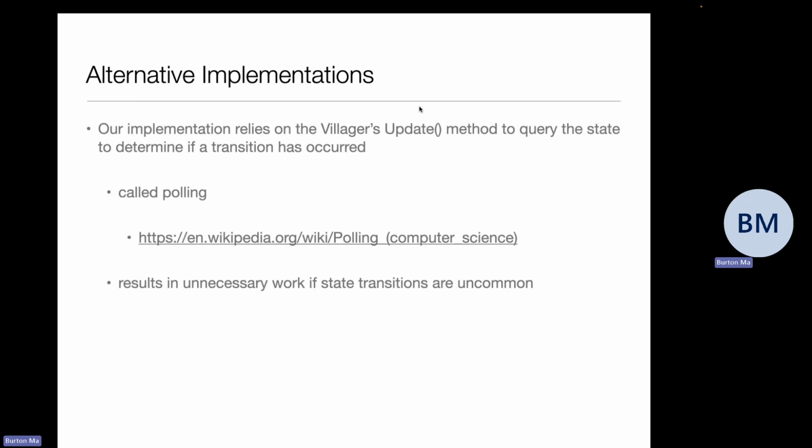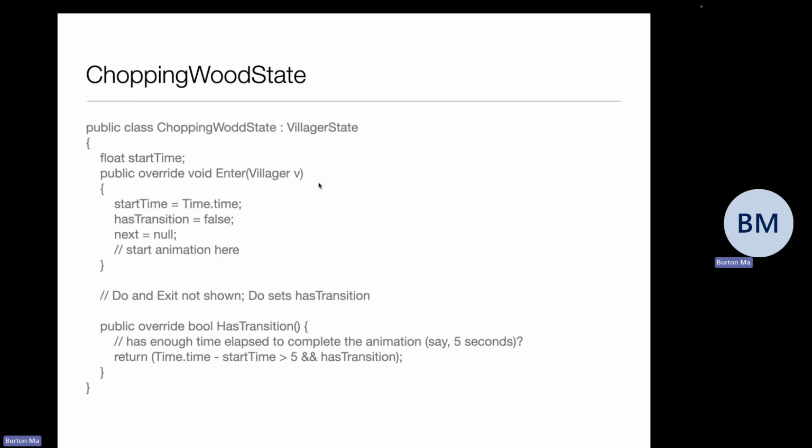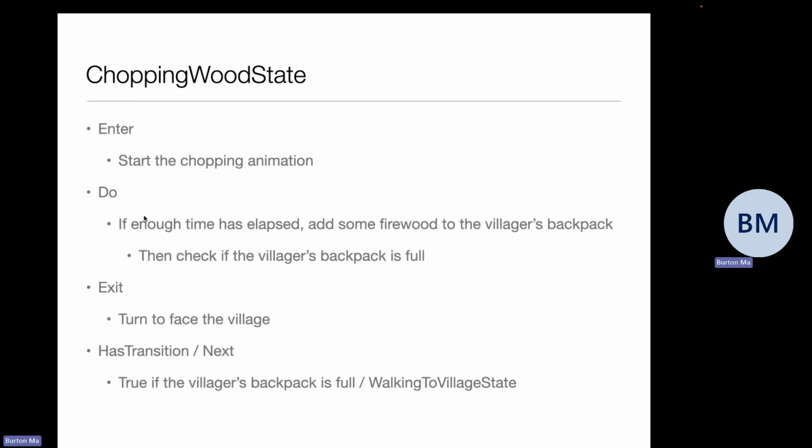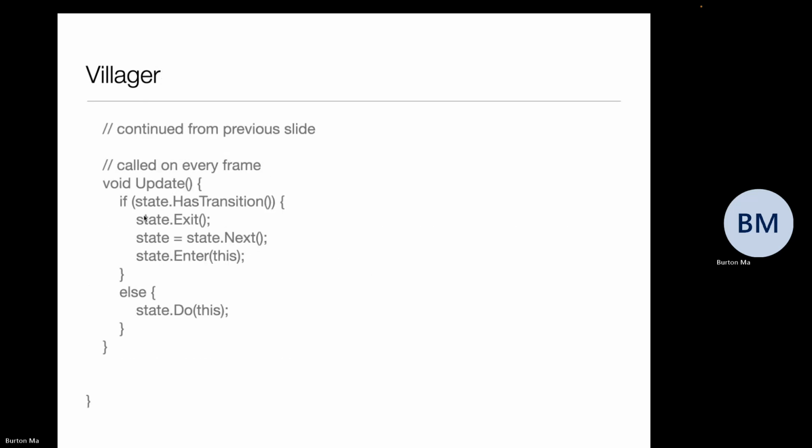Okay, so the question that was asked previously was how often is this method being called. The answer is it's being called by update, and update runs for every frame. So if you go back and look at the method and see what's happening here, where is update? Okay, so remember 30 or 60 or however many times per second your game is running at, every time we're going to ask the state, do you have a transition?